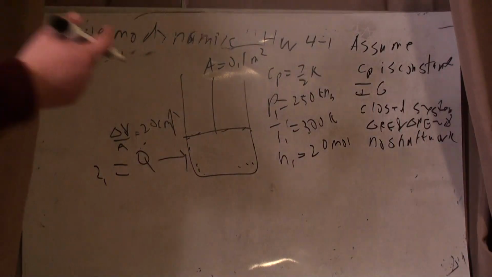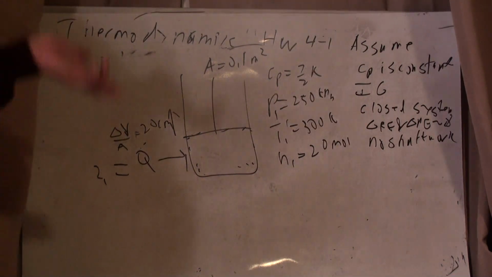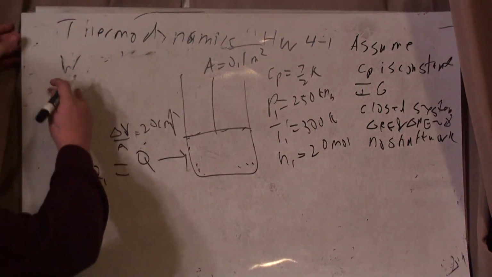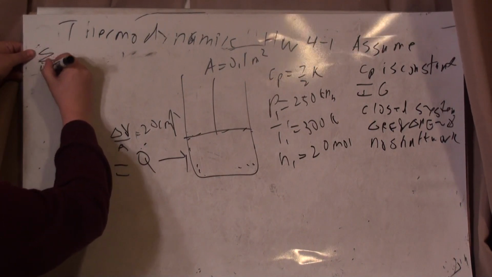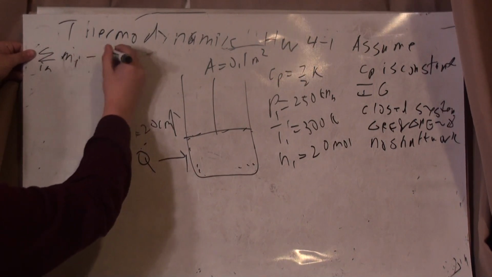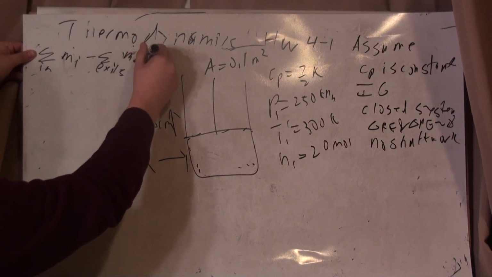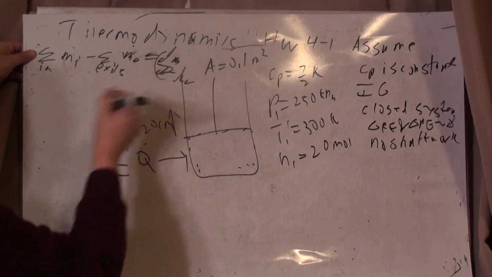Okay, so first I need to do a mass balance. It's kind of obvious that the starting mass is going to equal the final mass, and I don't really need to do a mass balance, but it's just good practice to do one. My mass balance is the sum of m dot in minus the sum of m dot out equals dm/dt of my control volume.